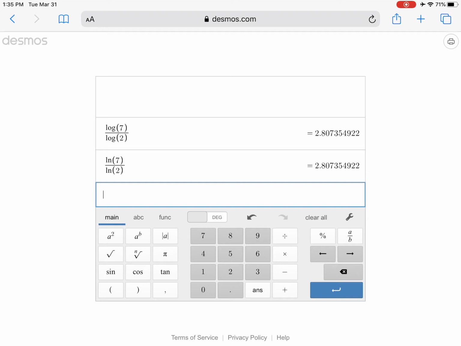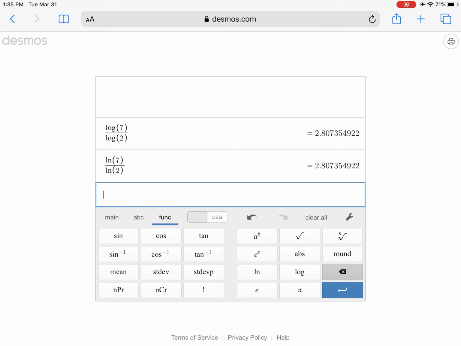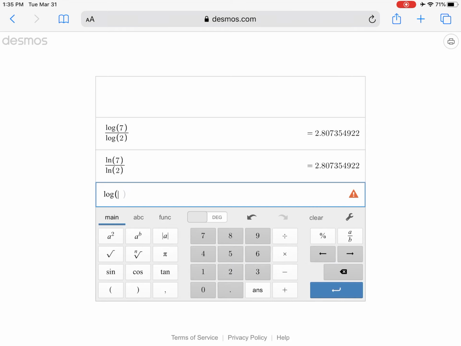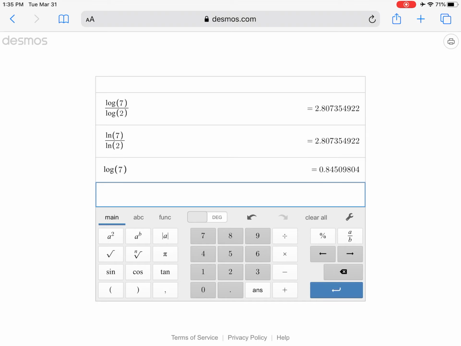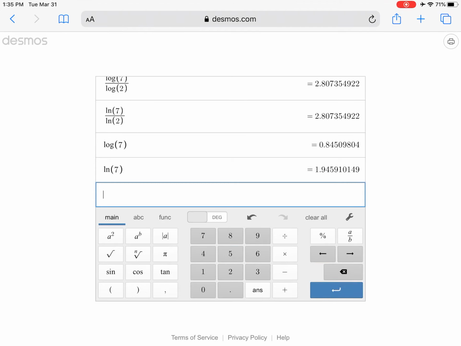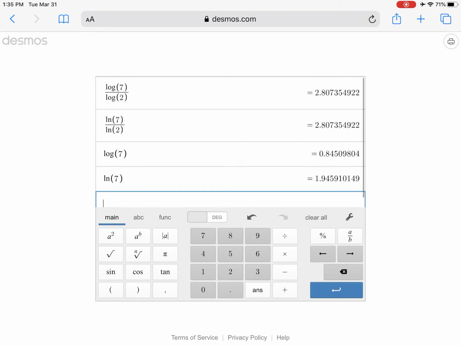But notice here, if I were just to compare my numerators, for example, let's just identify what's the log of 7. That gives me 0.845. Let's try the ln of 7. That's 1.945. So here we have different numerators, however the proportion is the same between the log and the natural log.